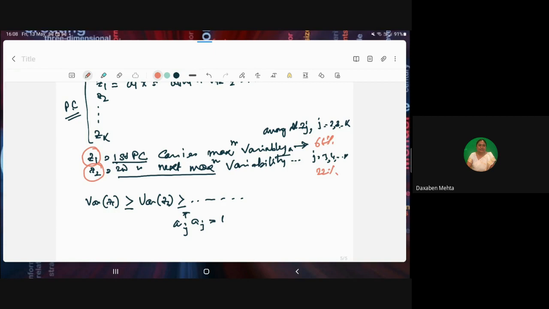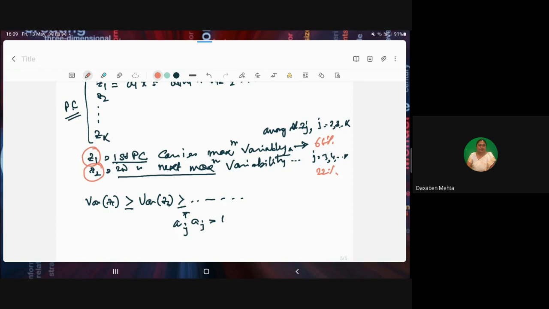So this is the important part of the principal components, and this is how it is working. We have to derive the different principal components on the basis of this relationship.